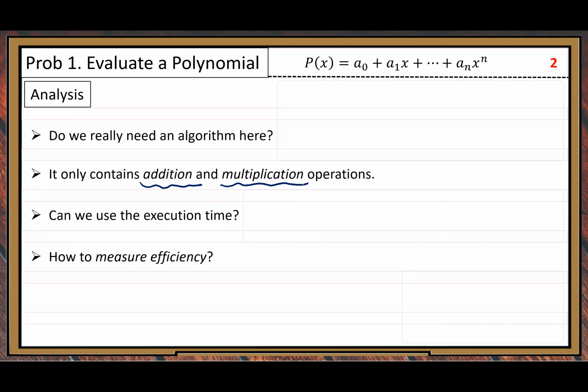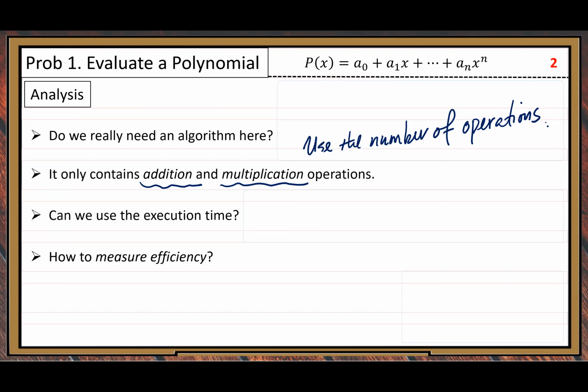So the next question: how to measure efficiency? This time we feel the improvement is to use the number of operations.